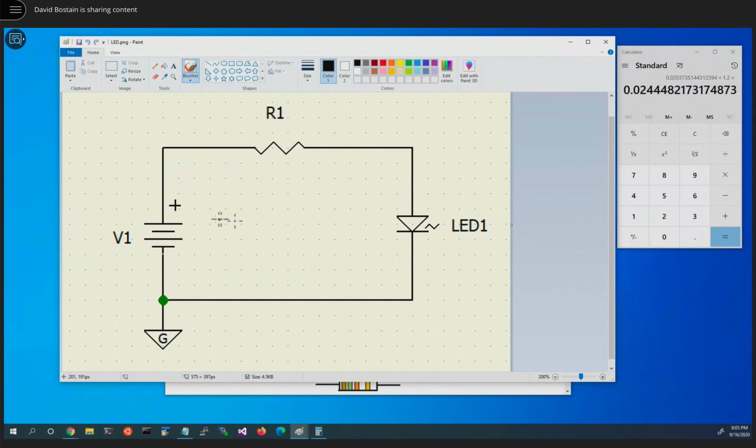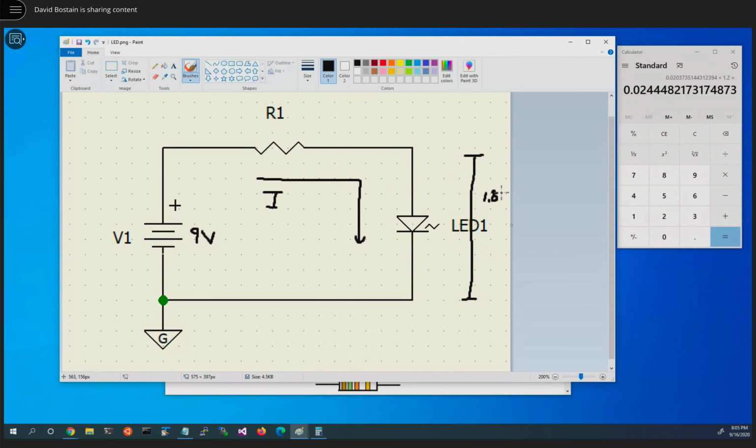Okay, here's a problem you might get on an exam. Given a 9-volt battery here and an LED which needs to have a current based on the standard value the class uses, but different than the class, has a 1.8 volt drop as its forward voltage.